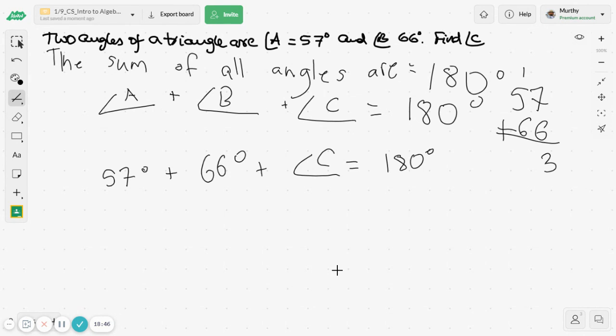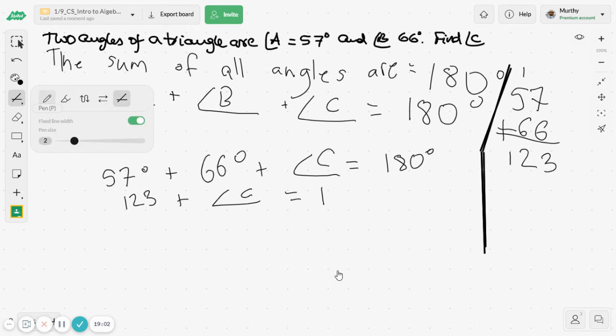Sorry if my handwriting is messy. No problem. It's 123. I'm used to typing because I haven't written in so long. Yes, so it's 123. 123 plus angle C equals 180.